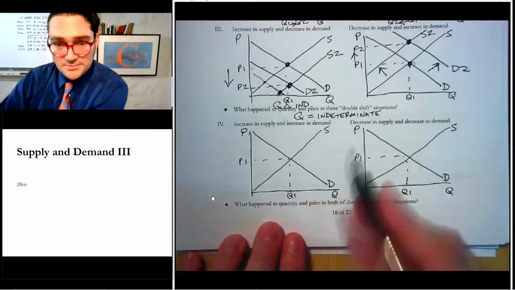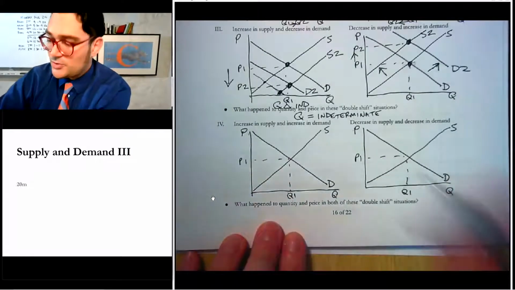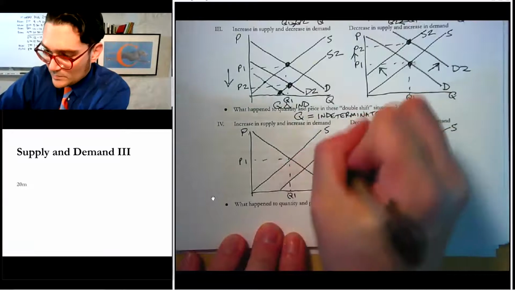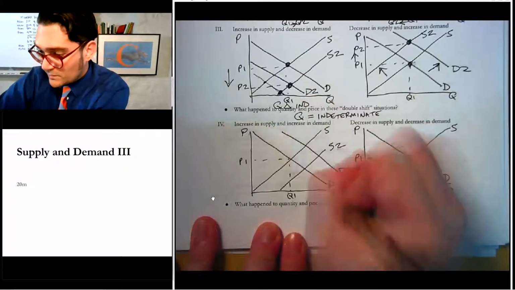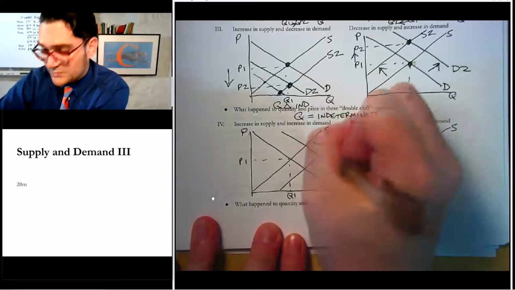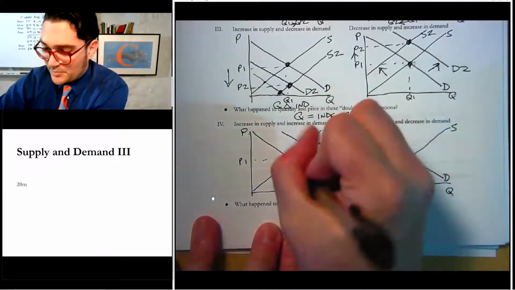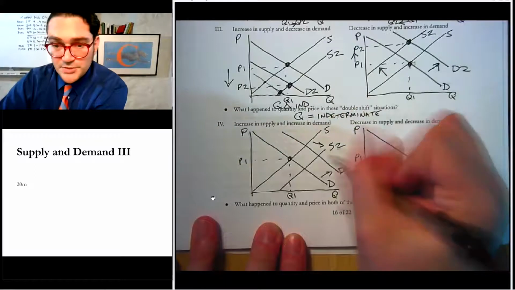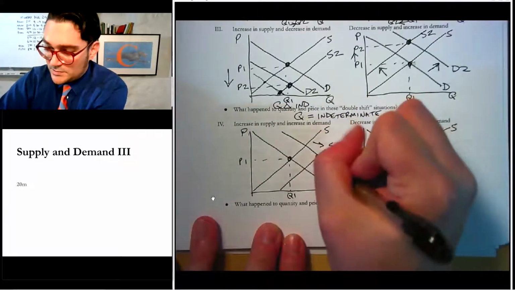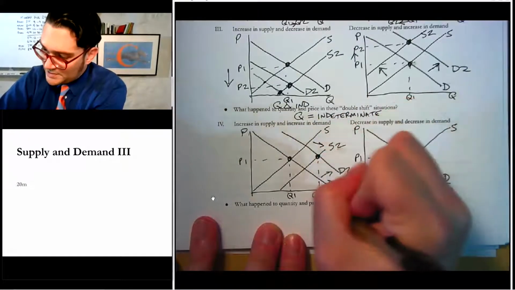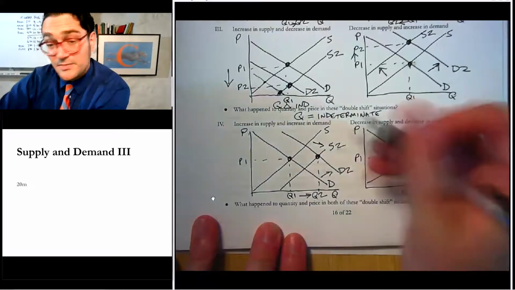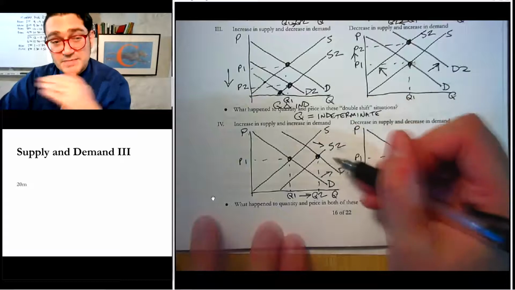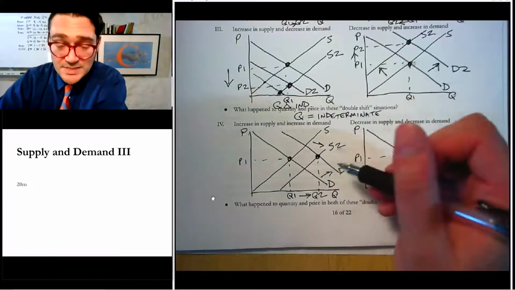Now for these, let's graph these and see what happens. Increase in supply and an increase in demand. So both of the two curves are shifting to the right. So we went from here to the new D2 and S2, which is here. Now for this one, the quantity pretty clearly moved to the right, but depending on the magnitude of the shifts, the price might be higher or lower, or it might be even the same.